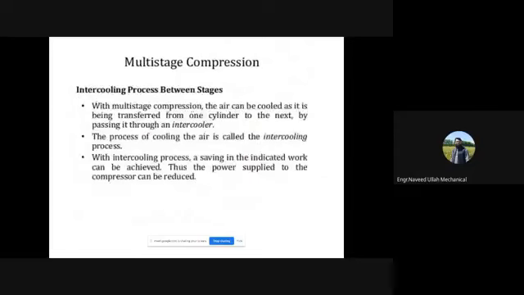This point is also understood, it is the same thing. Intercooling process between stages: with multi-stage compression, the air can be cooled as it is transferred from one cylinder to the next by passing through a dedicated intercooler. The process of cooling the air is called the intercooling process, and with it there is a saving in indicated work.